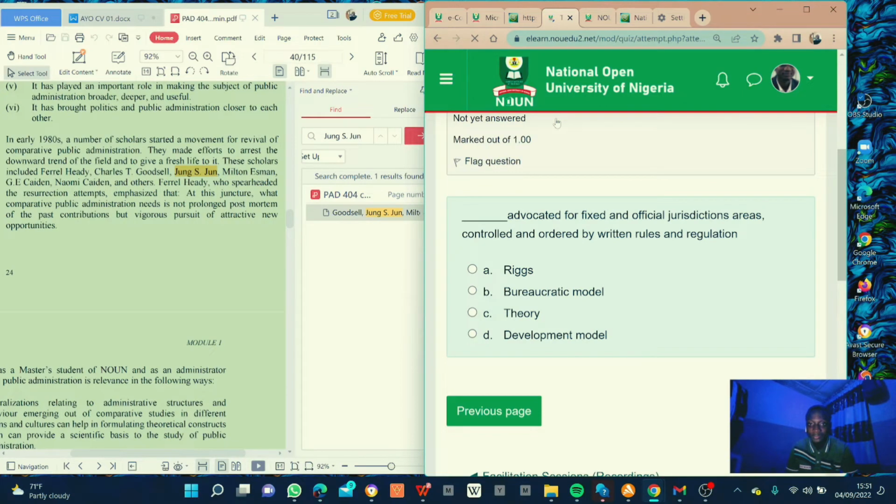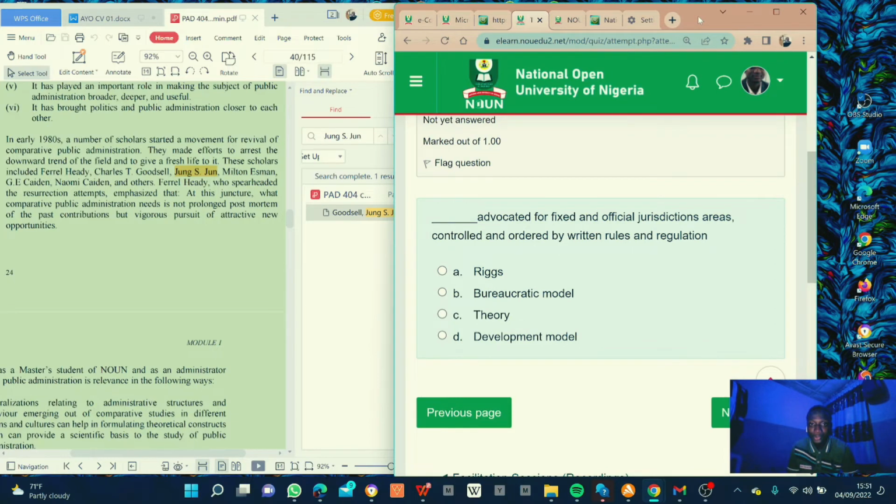So we have, dash advocated for fixed and official jurisdiction areas controlled and ordered by written rules and regulations.